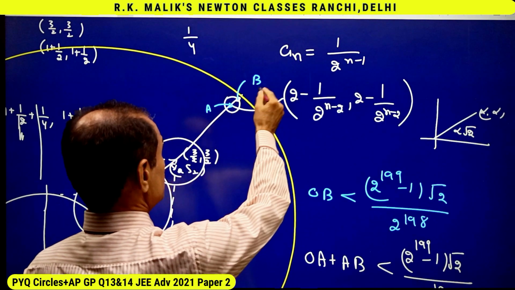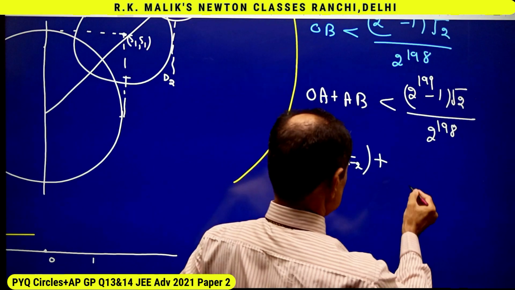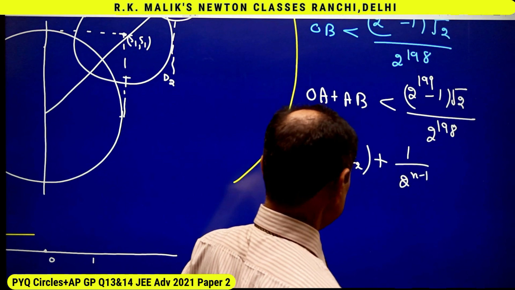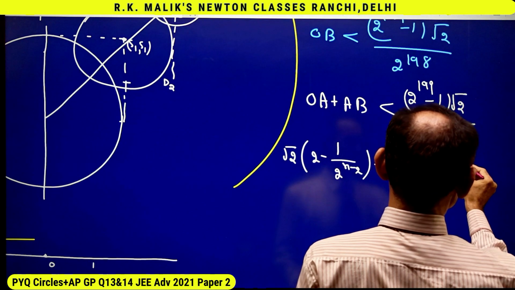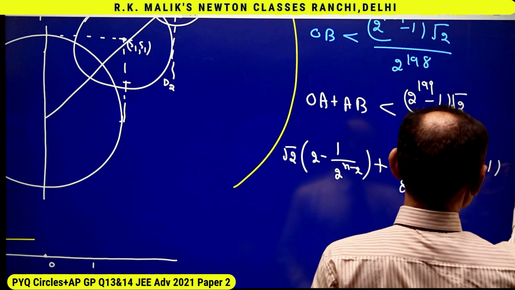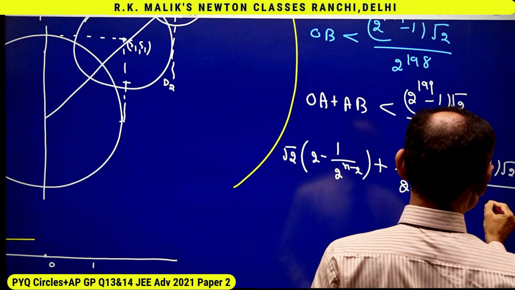Radius of another circle is this much, that is 1 by 2 to the power n minus 1. It should be less than 2 to the power 199 minus 1 into root 2 upon 2 to the power 198.